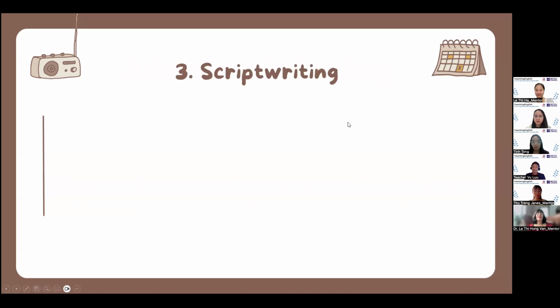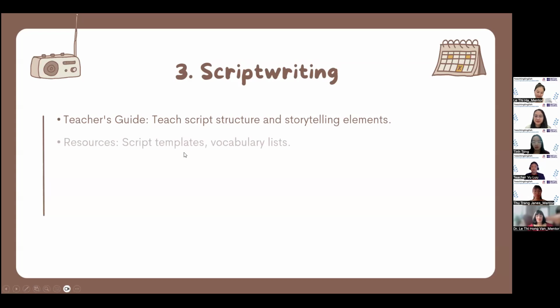Write the script. Yeah, the script outline. We tell them what it looks like, the script structures and the elements of a story, right? Who will be there, the context of the story, and the plots and the twists, and we can give them the actual script. We can give them the vocabulary list.